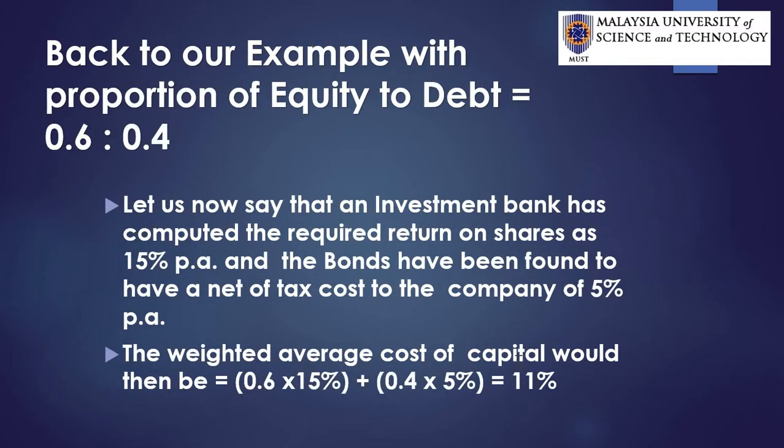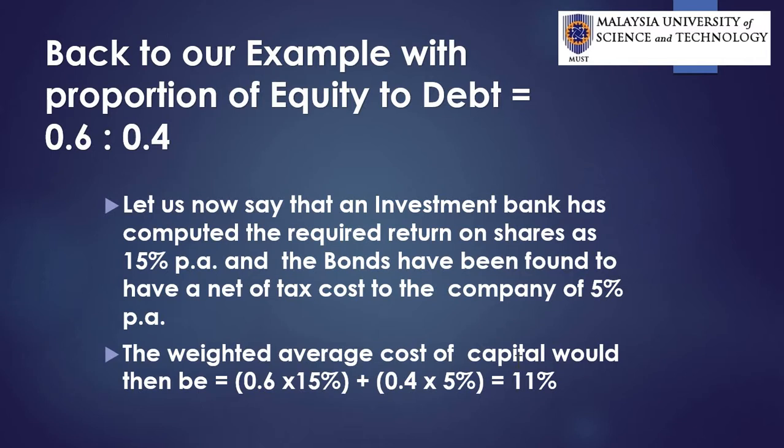Let's go back to our example. If our company has a proportion of equity to debt of 60-40, or 0.6 to 0.4, let's now go and find out the required return on equity. Let us say an investment bank has done the market survey for us and found that the required return on our shares is 15% per annum.